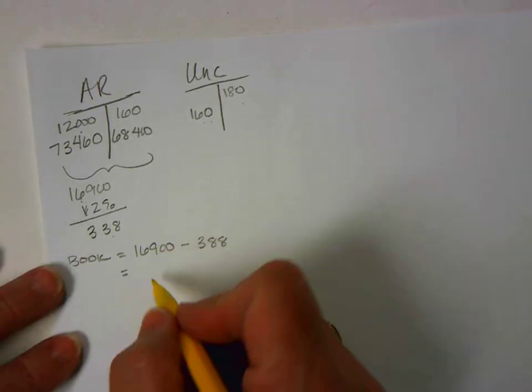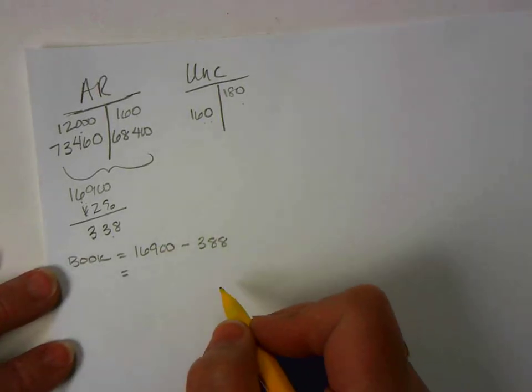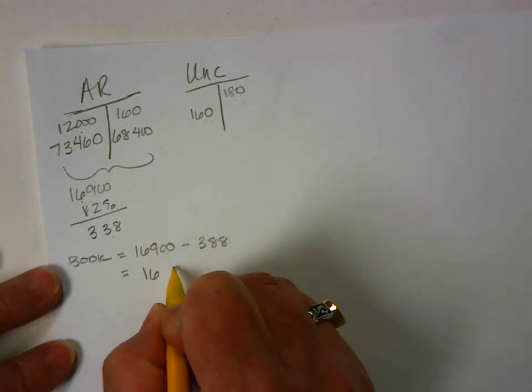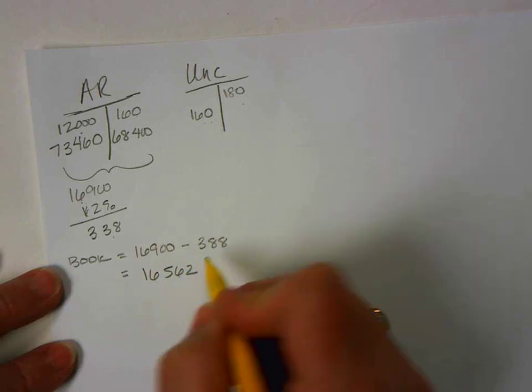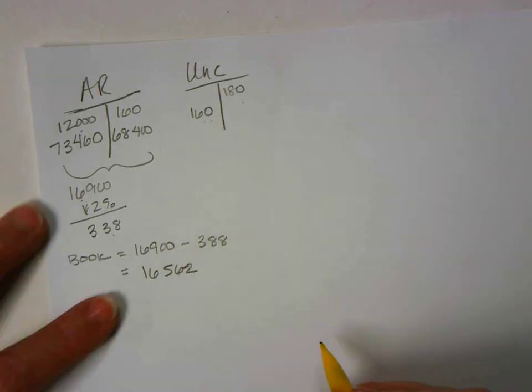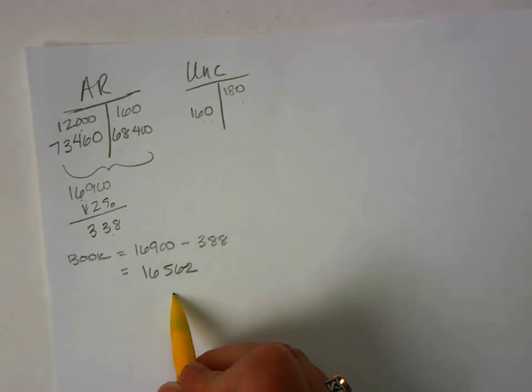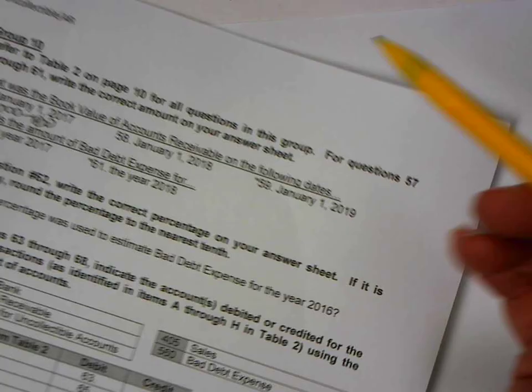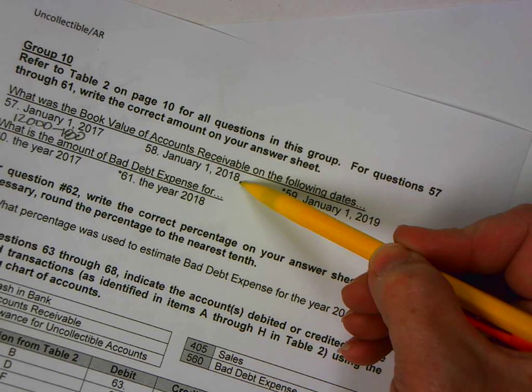Pushing the wrong numbers all the time. Okay, I was pushing 38 instead of 88. I was like, that is not working out. Okay. 16,562. Just me and my calculator. Okay. So that gives you the answer to what the ending book value is, the beginning of 2018.